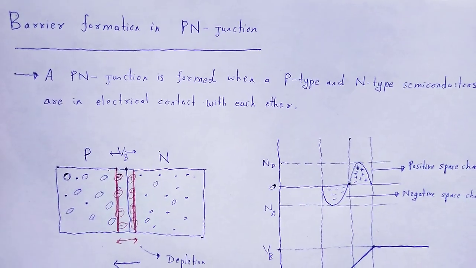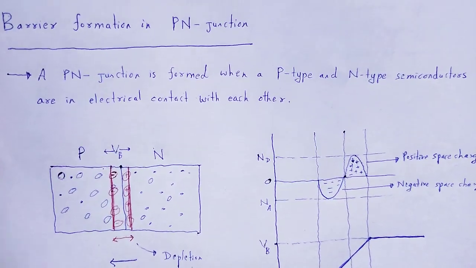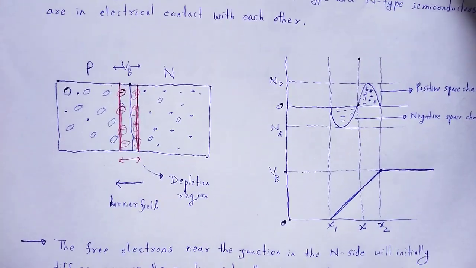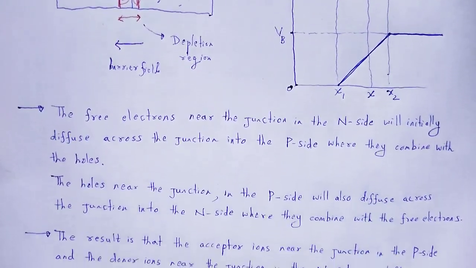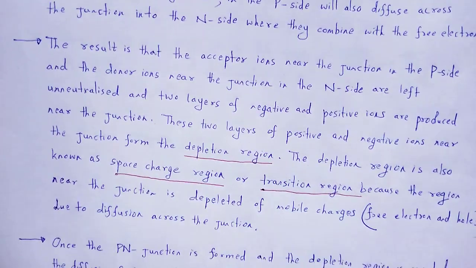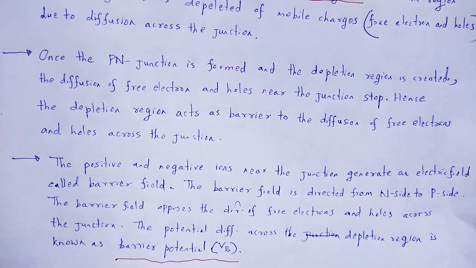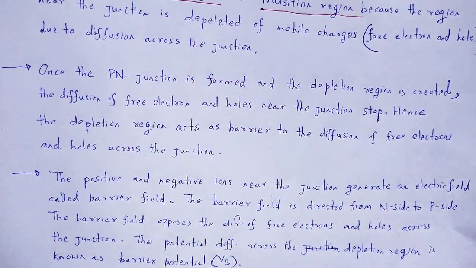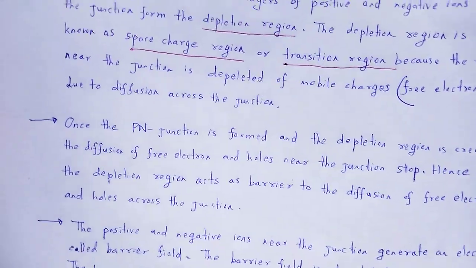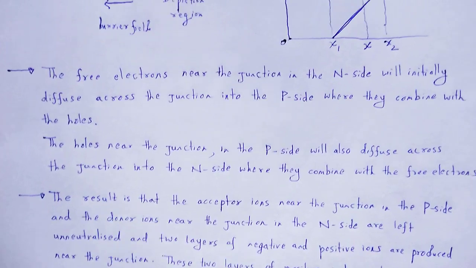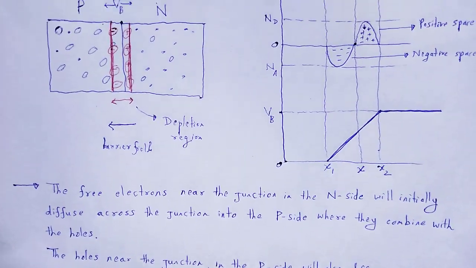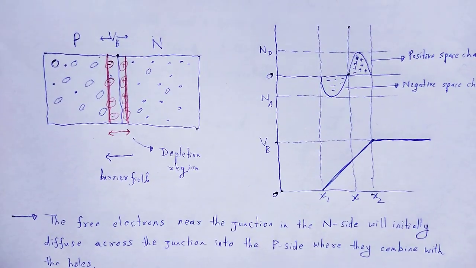Then barrier formation in PN junction, how the barrier is formed in case of PN junction, and the idea of barrier potential. The whole mechanism of barrier formation in PN junction can easily be understood by taking that graph.